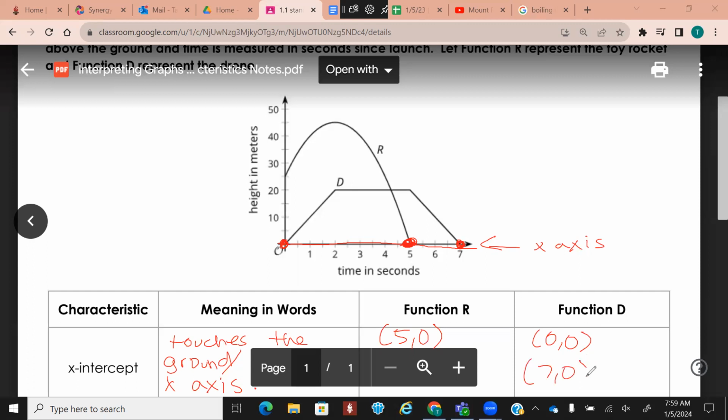We got (7, 0). Remember, when we write points, we always write our x, then our y. So whatever the left-right number is, and then the up-down number. That's why it's (7, 0) or (0, 0). Be okay on that.